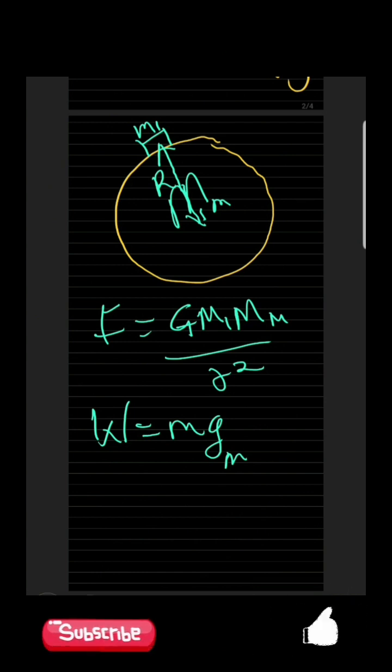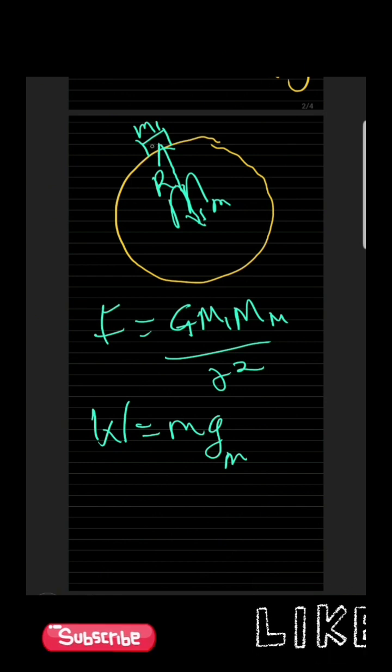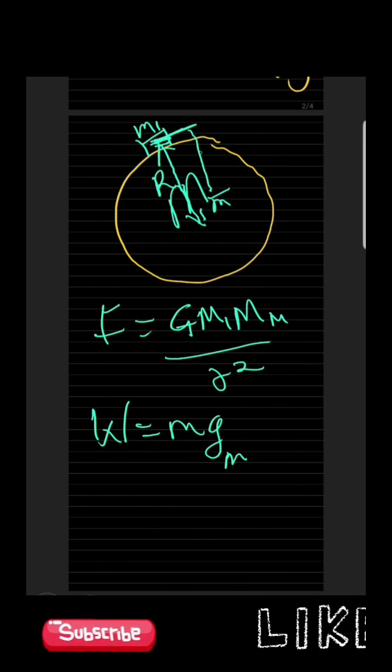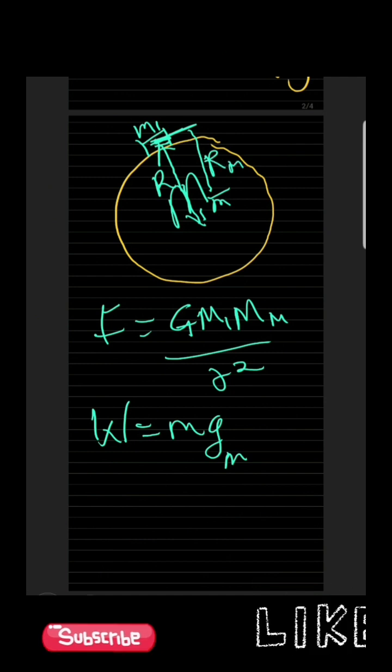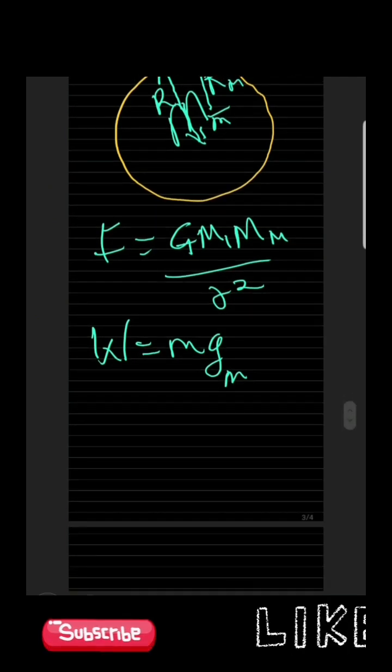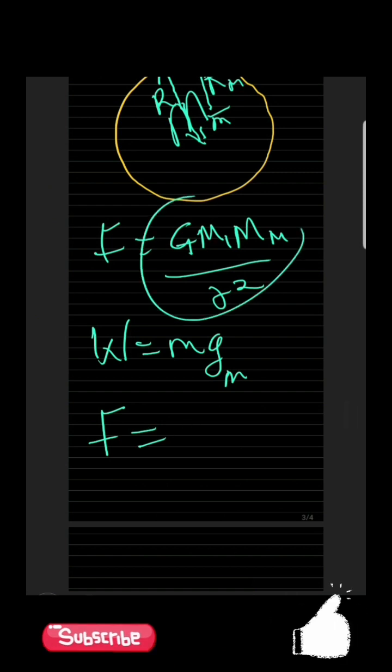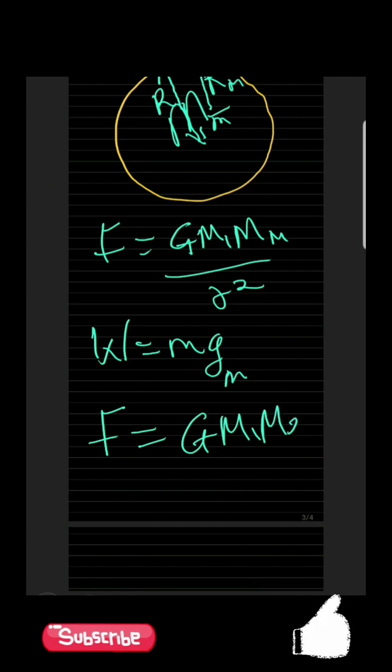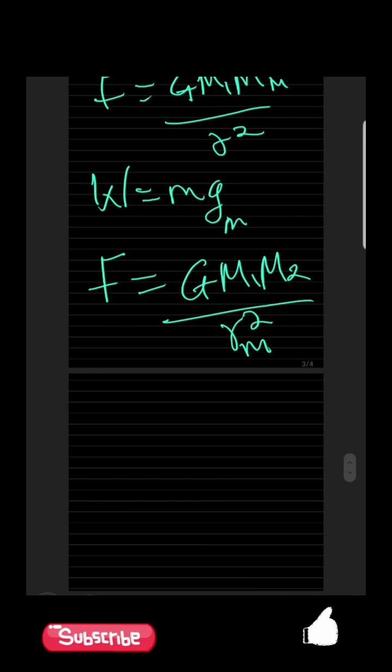And if this object is lying on the moon, and we consider it to be a very, very thin mass, so that the radius of the object is neglected, we can consider that the distance from the center of the mass to the center of the moon is equal to the radius of the moon. If that's the case, then this force F will be equal to G m1 m2 over the radius of the moon all squared. And that force has to be equal to the weight of the object, because the object is not penetrating inside.